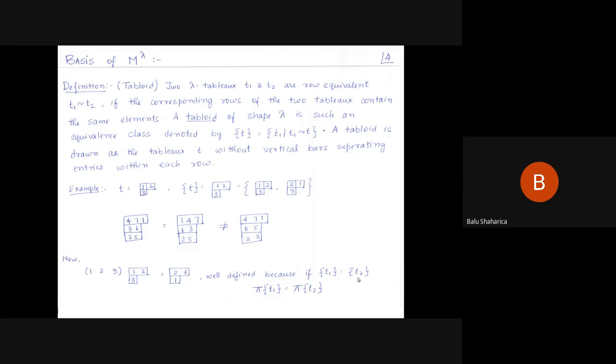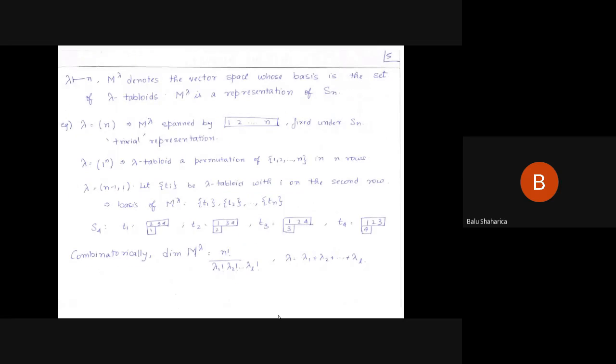If T1 and T2 are the same tabloid, then if I act pi on them, they become the same tabloid. So basically, the basis for M lambda is the set of all lambda tabloids. For a given lambda, however many tabloids I can get, that's the basis for M lambda.